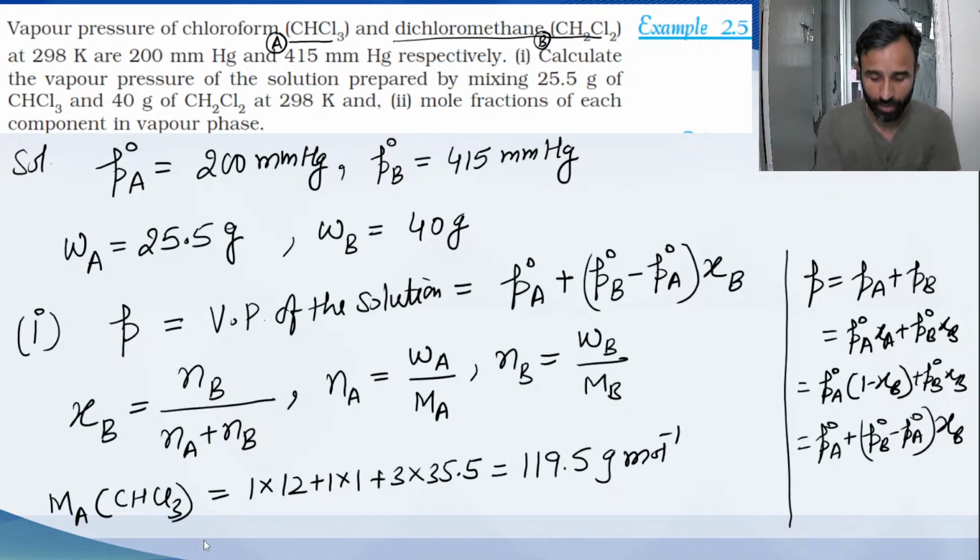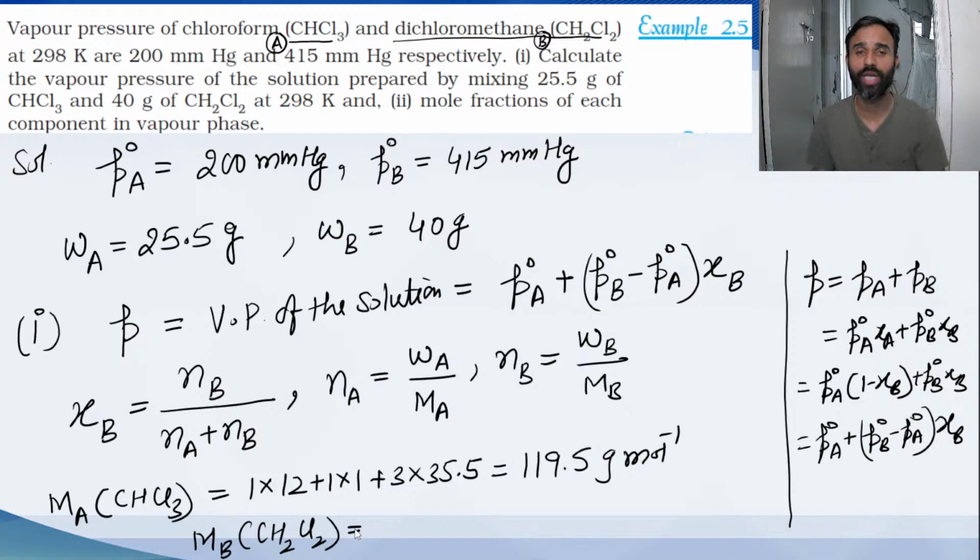That is MA. Now MB. MB is CH2Cl2, dichloromethane. So it is 1 into 12 plus 2 into 1 plus 2 into 35.5. So value is 2 into 35.5, 71 plus 14. That is 85 gram per mole.